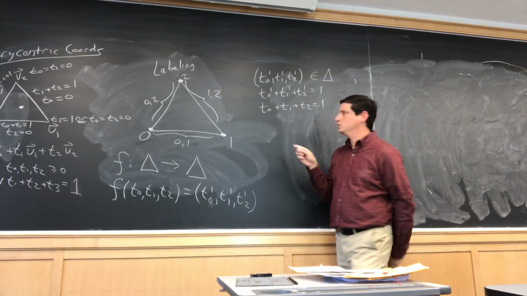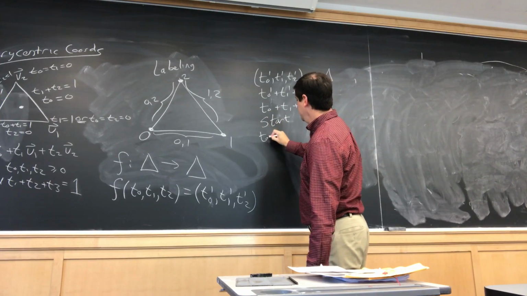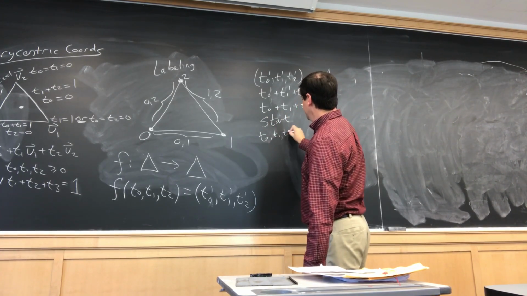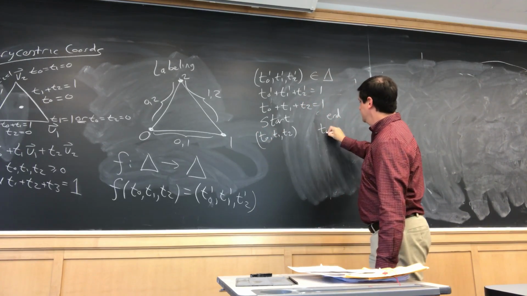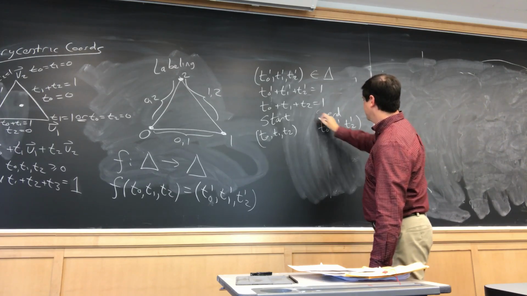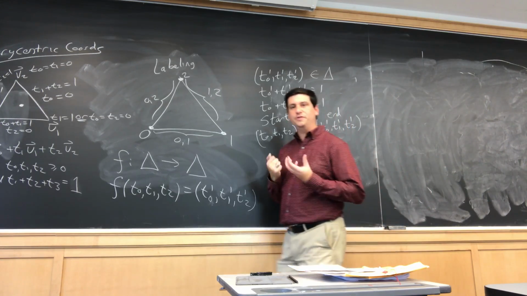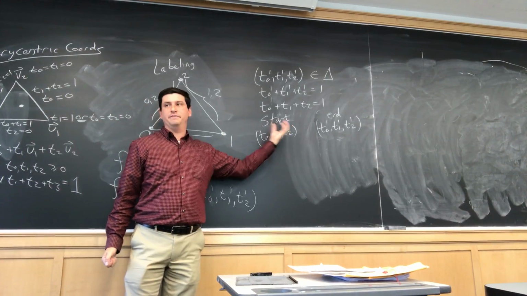So we have two vectors. We have the start, we're at T0, T1, T2, and then we have the end, T0 prime, T1 prime, T2 prime. And our goal is to search for fixed points. So what must be true about a fixed point under F?